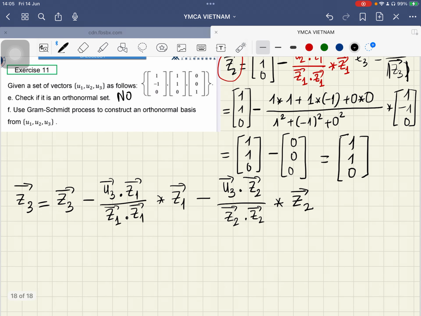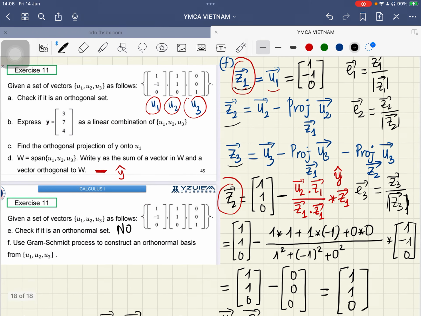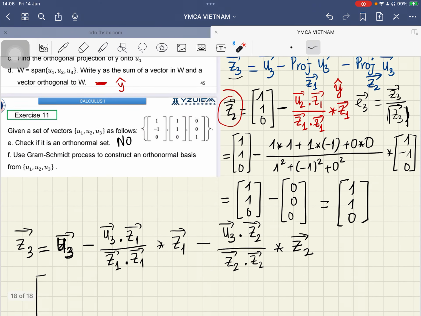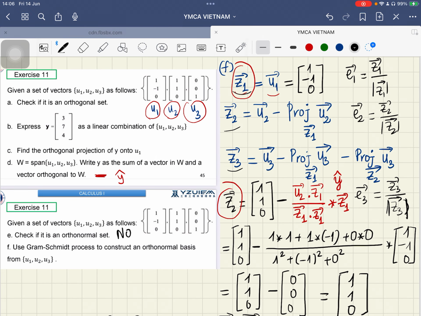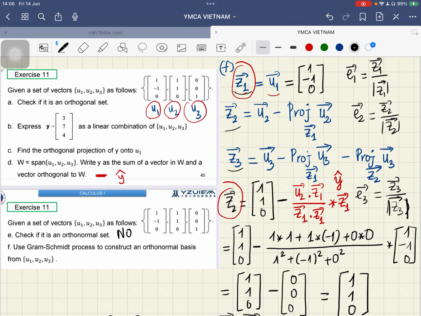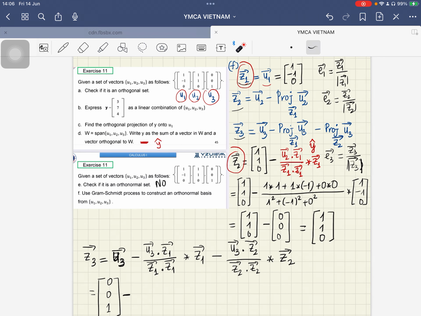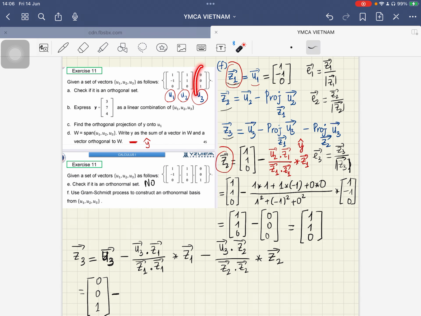Okay, and we have Z3 is equal to, sorry, this one should be U3. We have U3 is equal to 0, 0, 1. 0, 0, 1 minus the dot product between U3 and Z1.